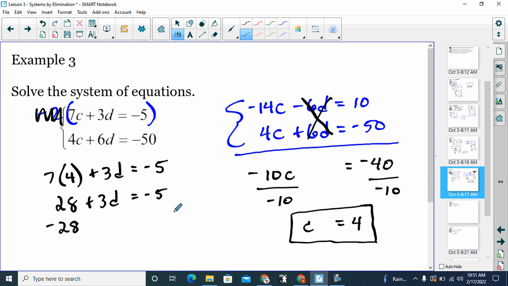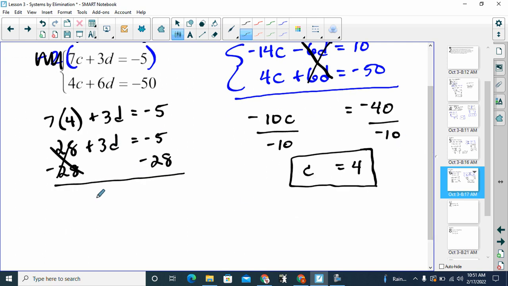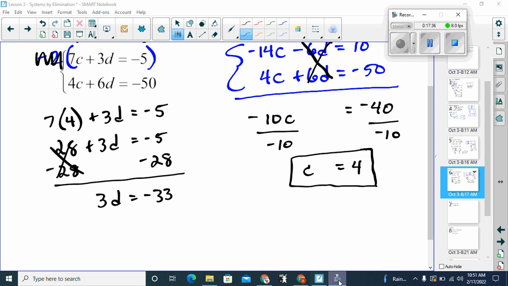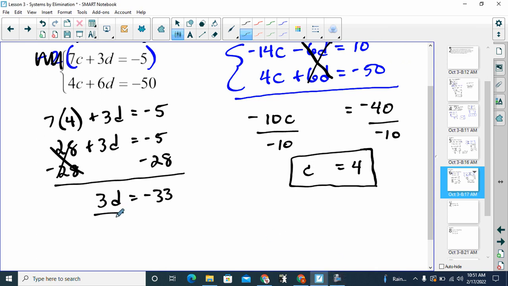Subtract 28 from both sides. I get 3d equals -5 minus 28, which is -33. And divide both sides by 3. d equals -11. c equals 4, d equals -11.